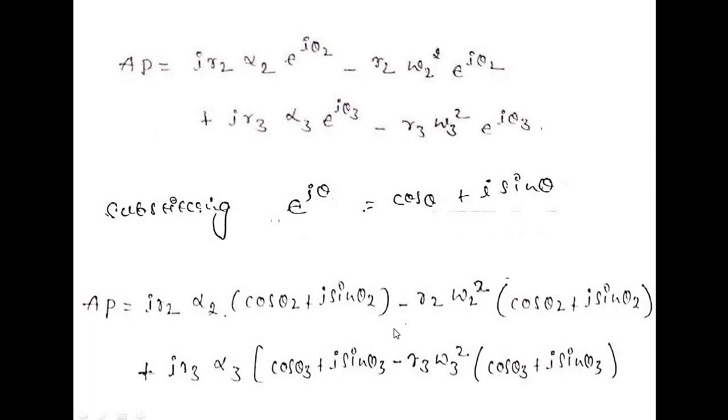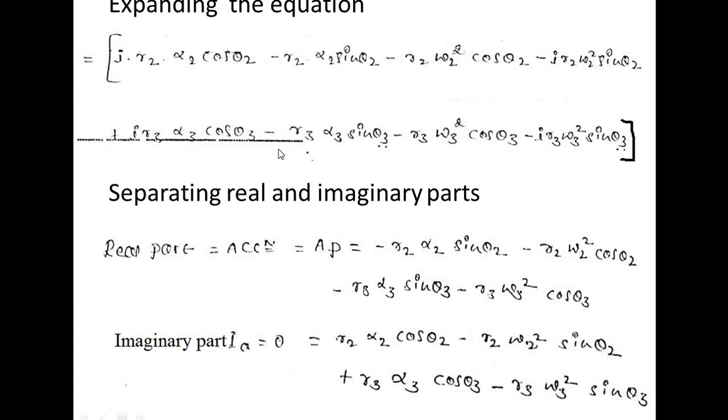What we'll do is we will expand this equation. We just multiply these terms and separate the real and imaginary parts. So the previous equation we expand, and we obtain like this.